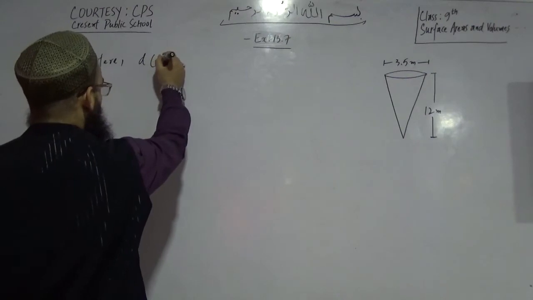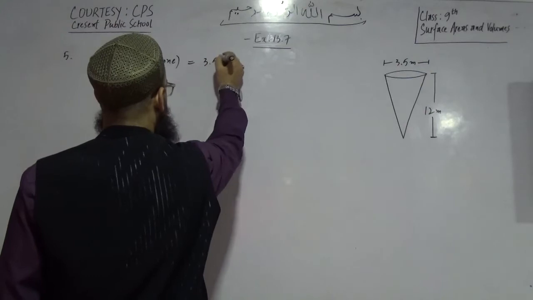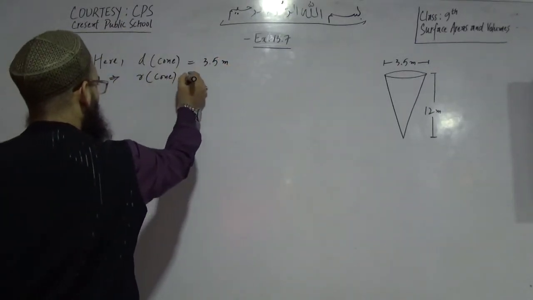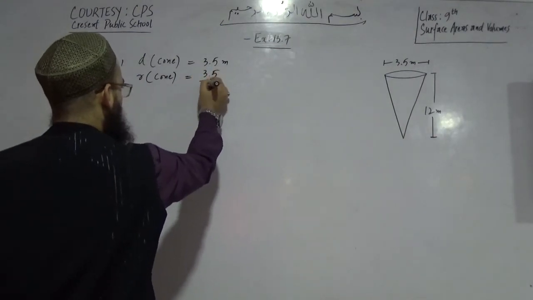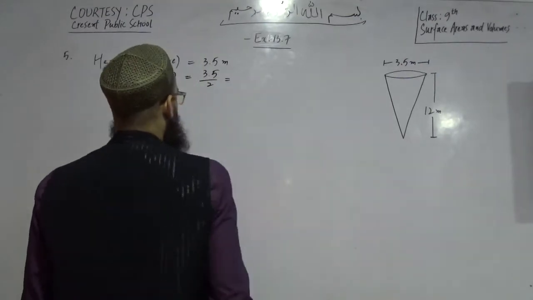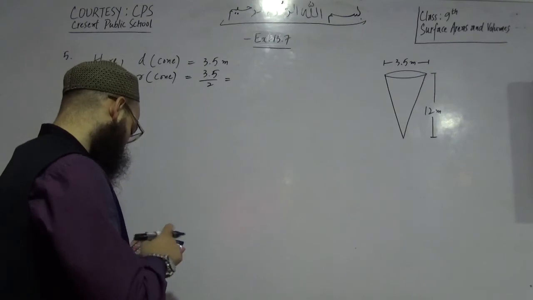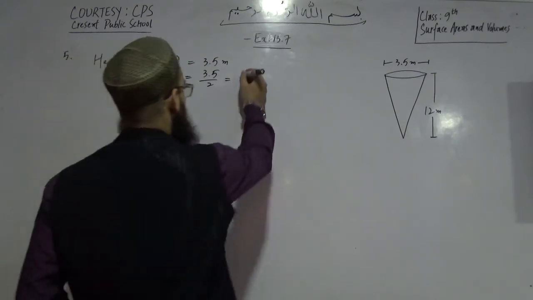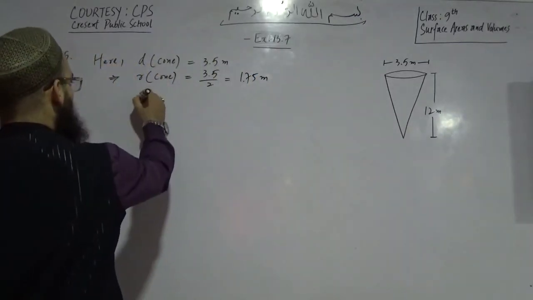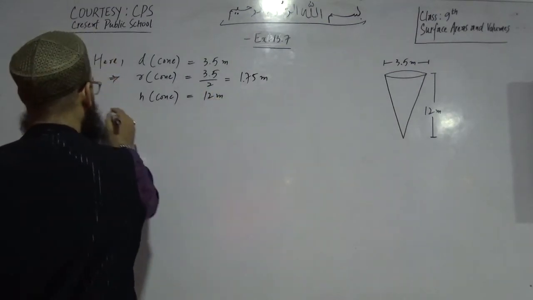See, here diameter of cone is equal to 3.5 meter, which implies that radius of cone is equal to 3.5 divided by 2, and that will give you 1.75 meter. Height of cone is also given, that is 12 meter.